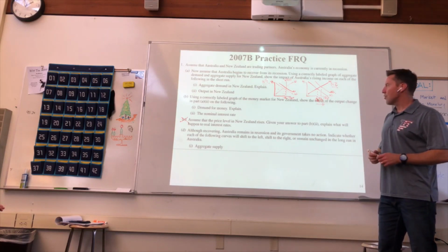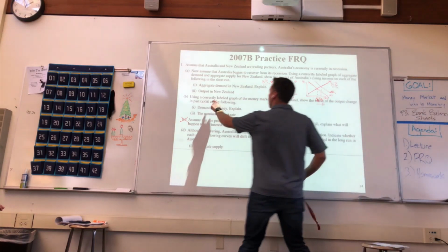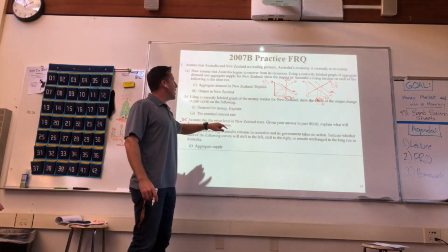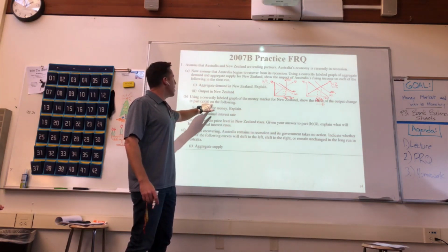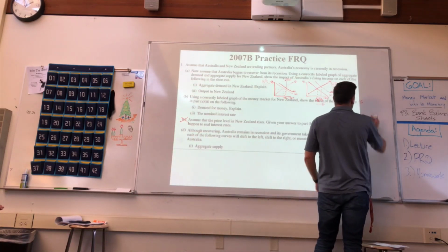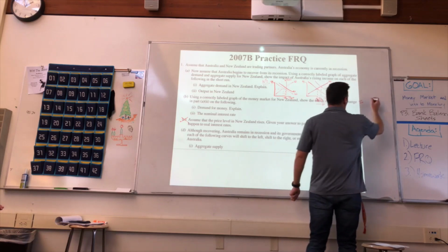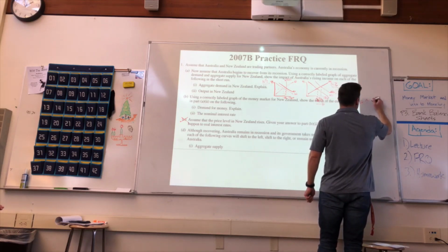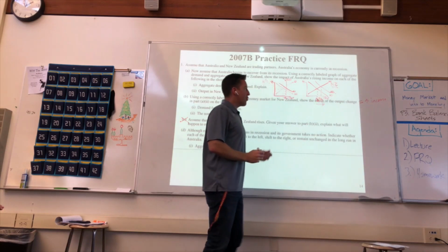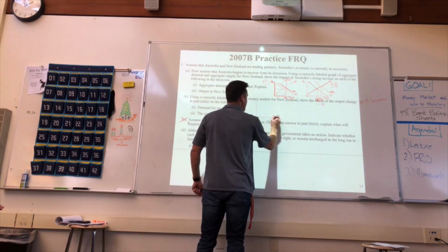All right, still doing good. Using a correctly labeled graph of the money market for New Zealand, show the effect of the output change in part one on the following. An increase in output, we decided, since it doesn't affect population, also is an increase in income, right? So that's a shifter.